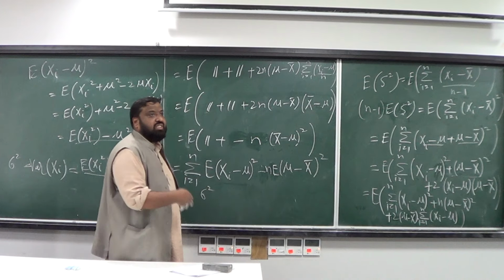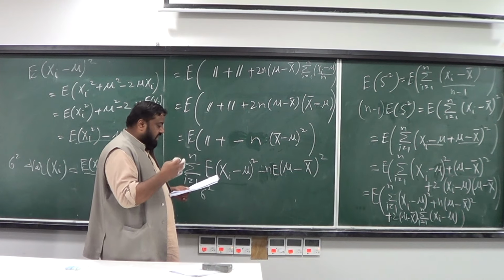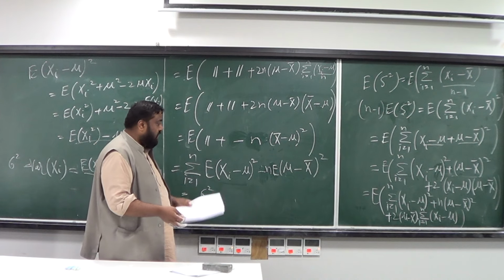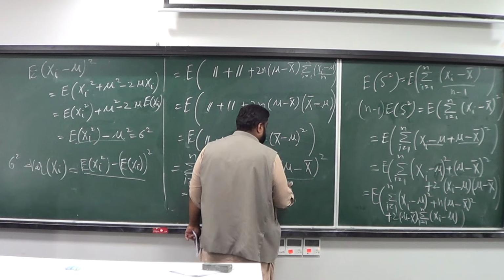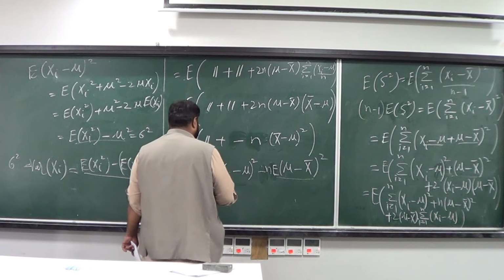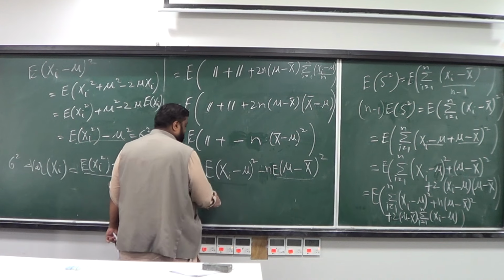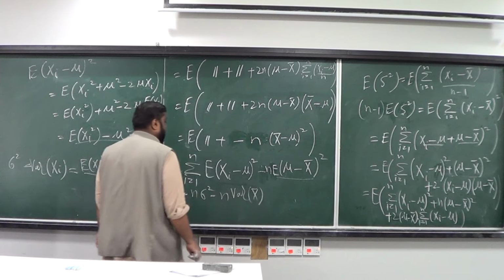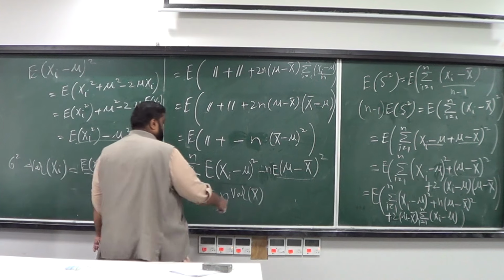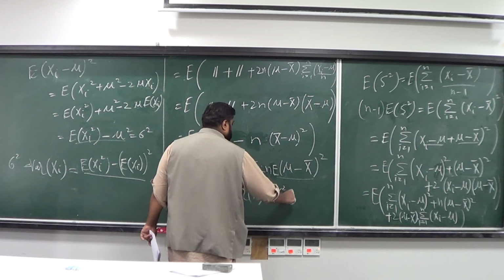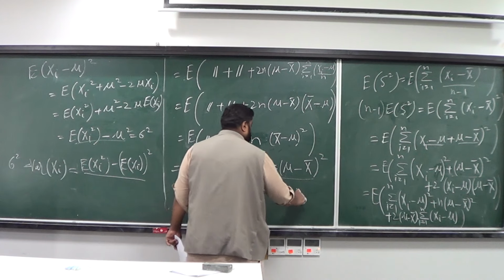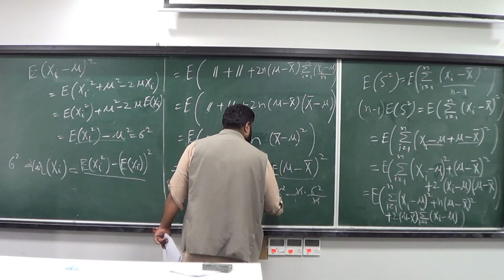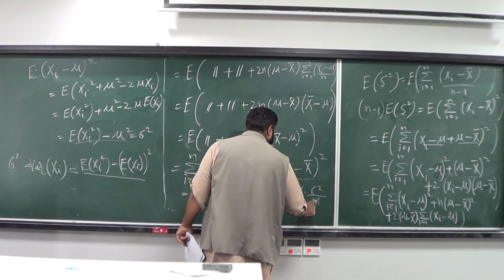This is the precise definition of the variance of x bar. In other words, if you simplify this, you're going to get n sigma squared minus n times the variance of x bar by definition. But we computed the variance of x bar as sigma squared by n. So this n will cancel out and you're going to get (n minus 1) times sigma squared.